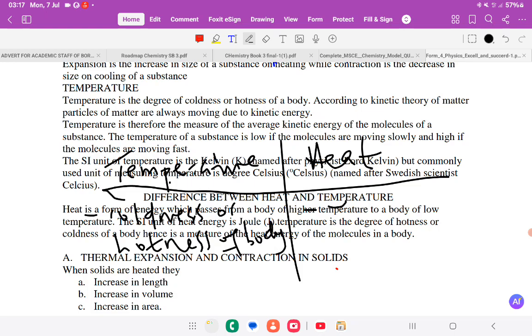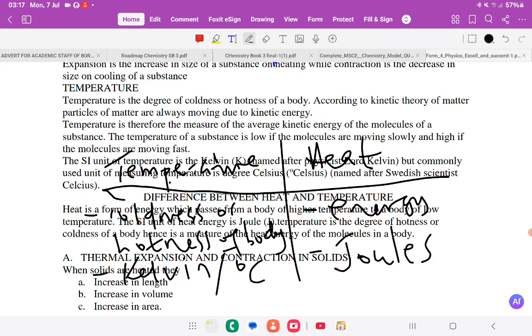Heat is the energy of particles. Temperature is measured in kelvins or degrees Celsius if you want. Heat is measured in joules.